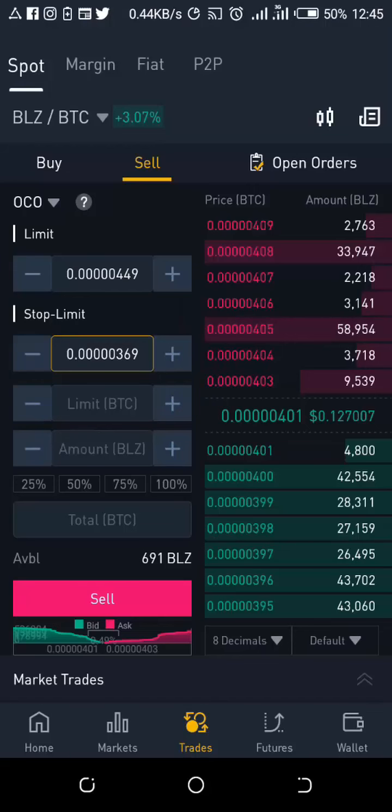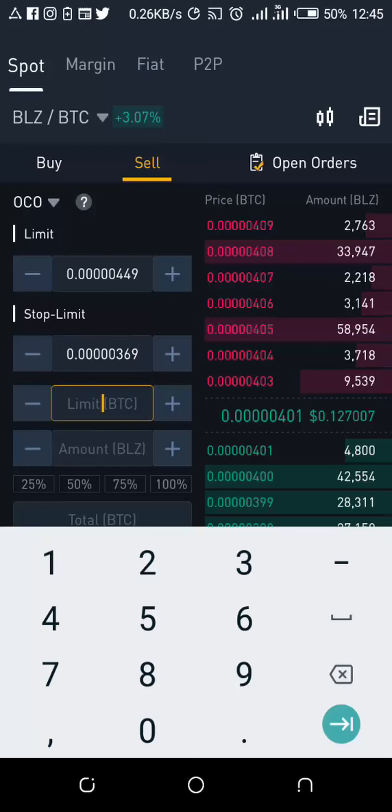So we say if the price reaches 369 Satoshi, let us place this with 367 on the order book, right? This is our trigger price, and this is our main limit price to stop our loss. Then we are selling it 100%.